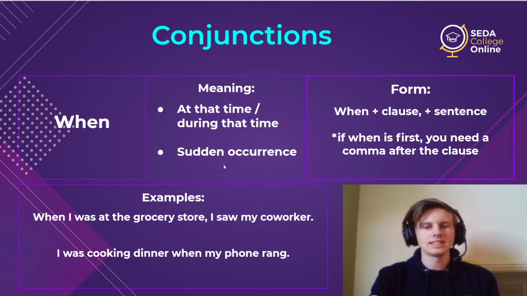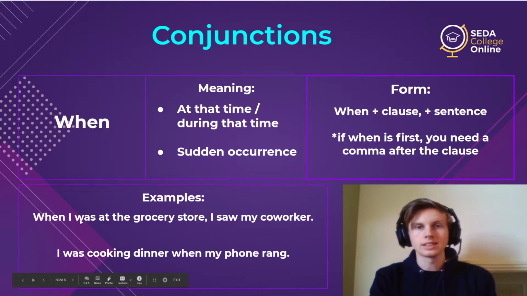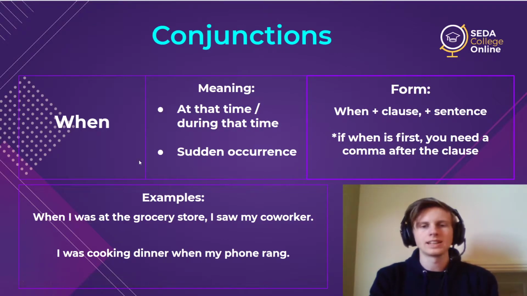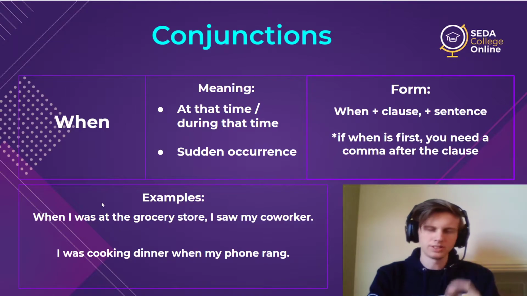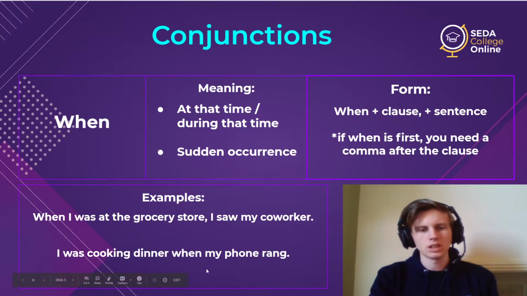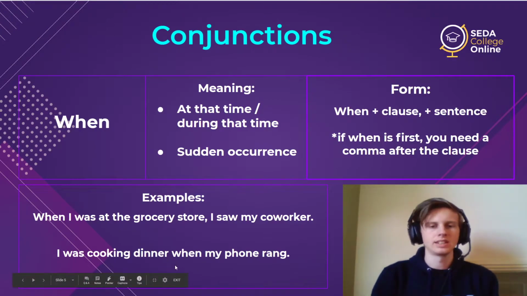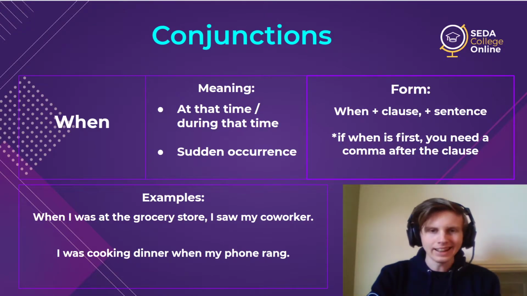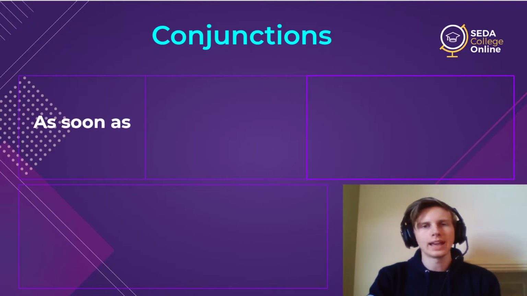Usually, if it has the idea of a sudden occurrence, we're using a continuous tense, and then we'll use a simple tense like the simple present or simple past when it's happening at the same time. So that's a small difference there, but I think these examples are pretty clear that you can use it both ways.